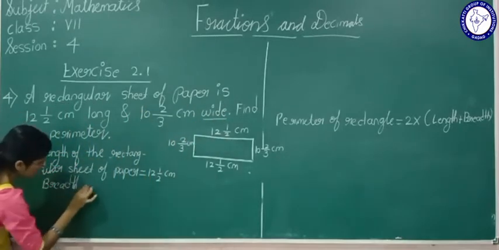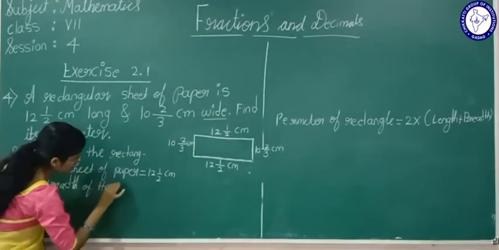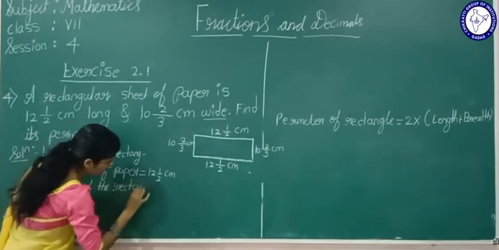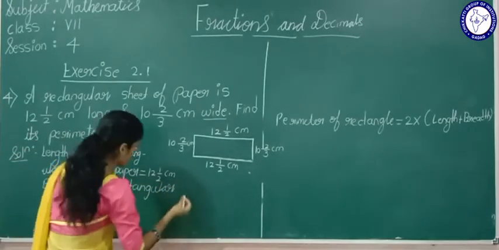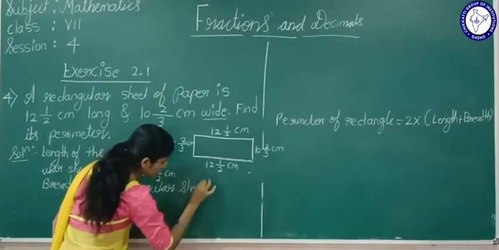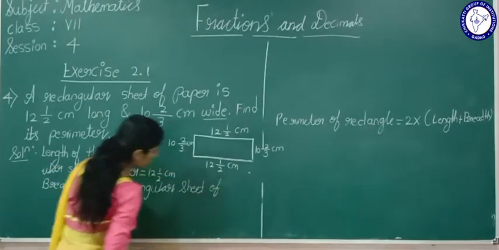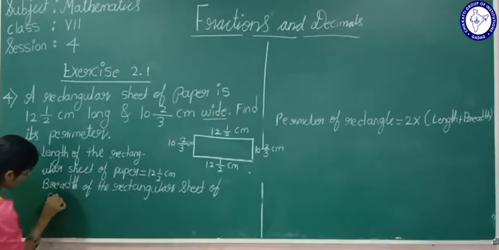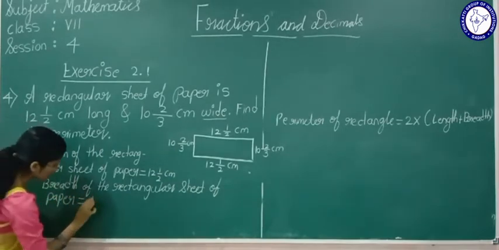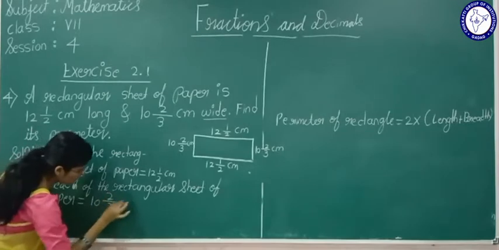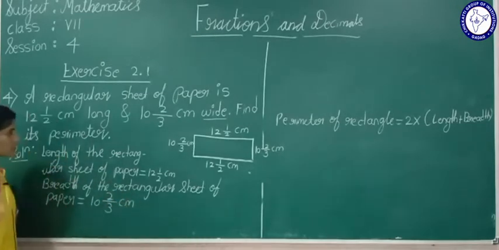The breadth of the rectangular sheet of paper is equal to 10 integer 2/3 centimeter.